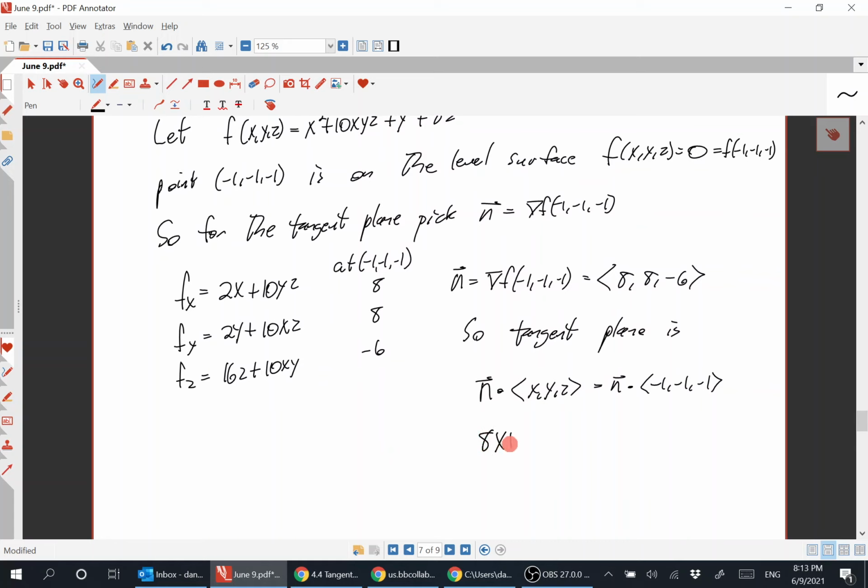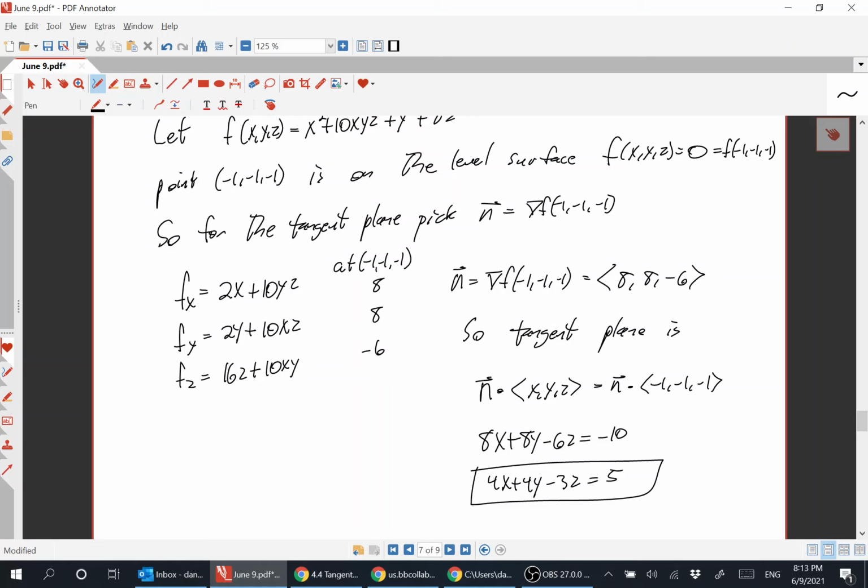So we have 8x plus 8y minus 6z equals n dot -1, -1, -1. So that is -16 plus 6, so -10. So that's 4x plus 4y minus 3z equals -5. All right, so there's the tangent plane.